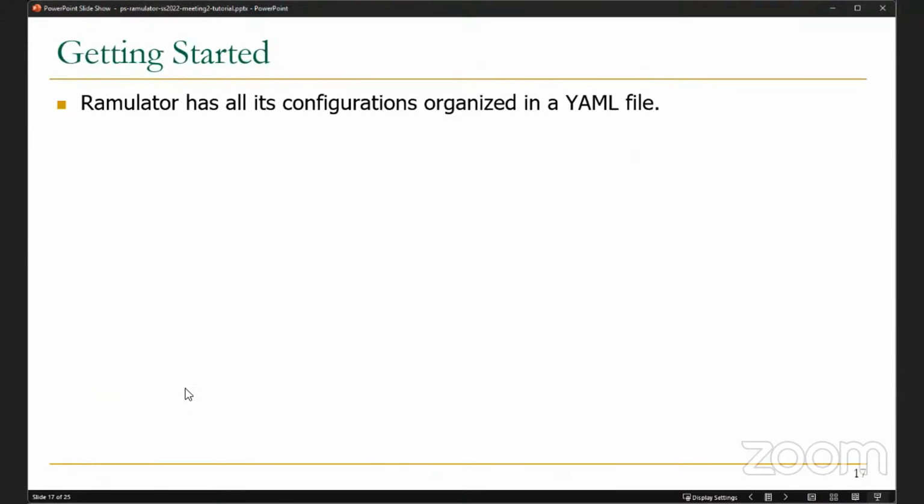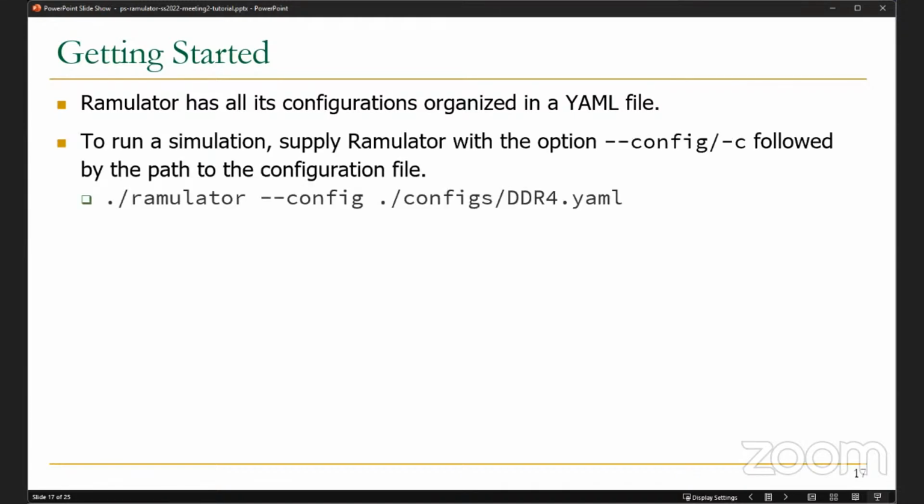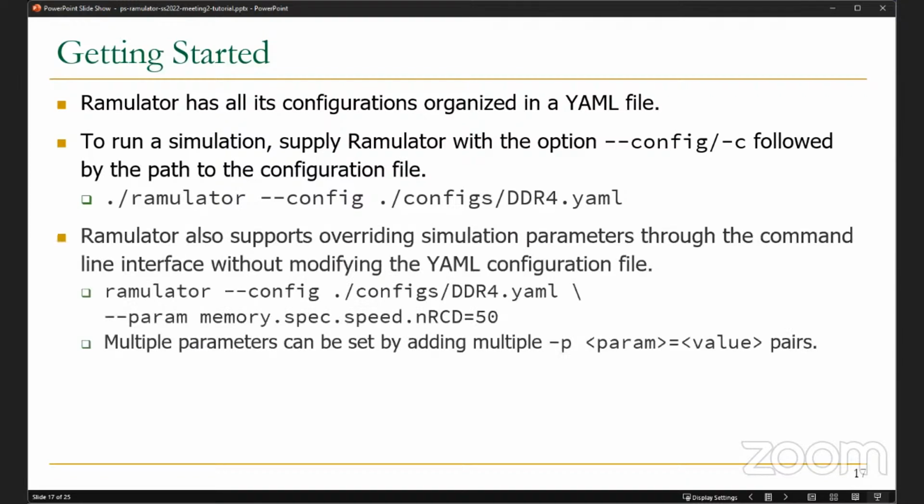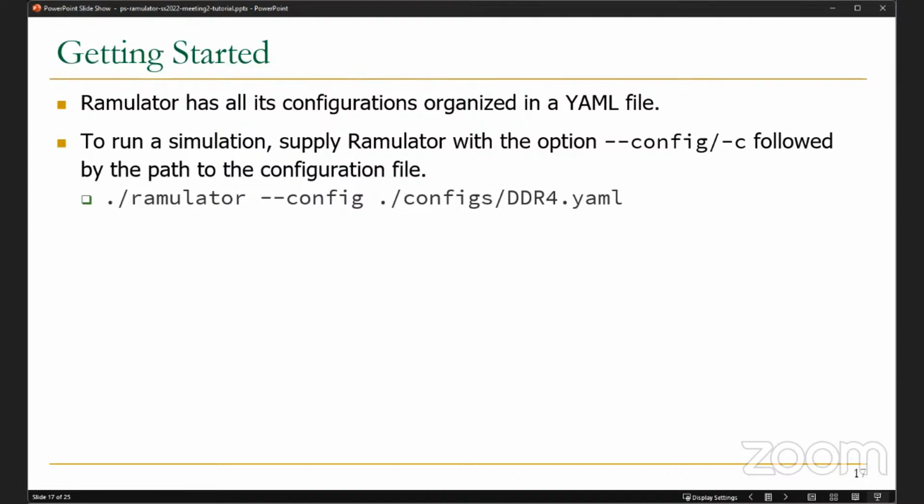As mentioned before, Ramulator has all its configuration files organized in a YAML document. To run a simulation, you simply run Ramulator with the command line option config followed by the path to the configuration file. Let's give a quick example.